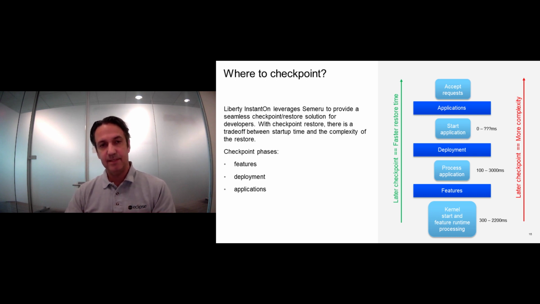These types of things can get invoked and run during your application startup, and they can do a number of initializations for your application. So depending on your application, that can take quite a long time. And then other, more simple applications, like the ping-perf one Vijay was mentioning, have no early startup code. So that phase is quite fast. But that's the very last phase that we allow for you to do the checkpoint.